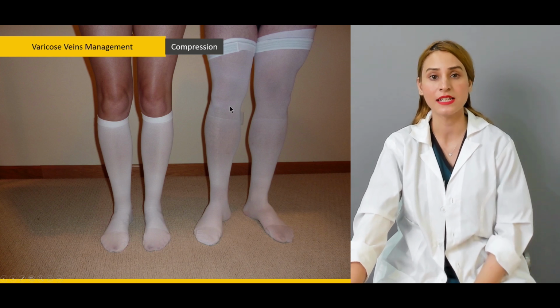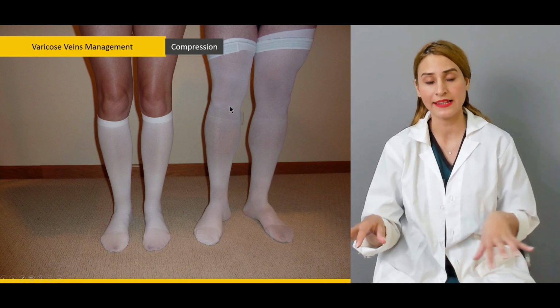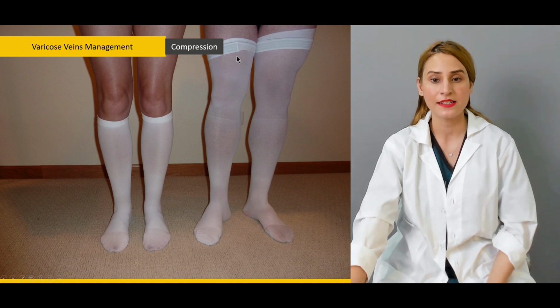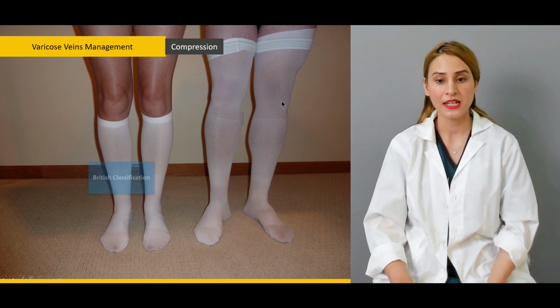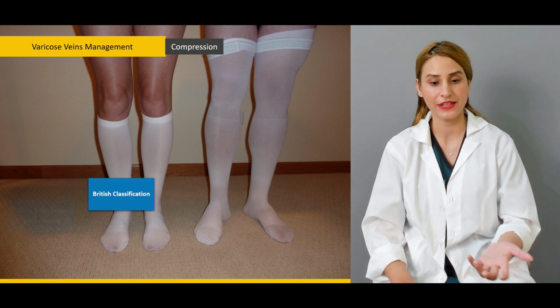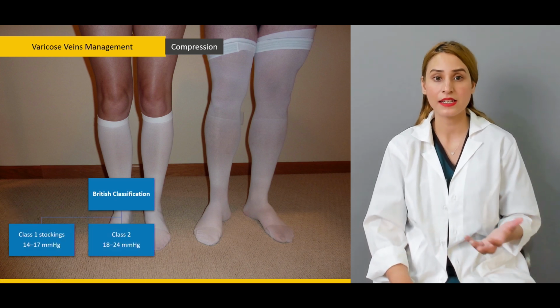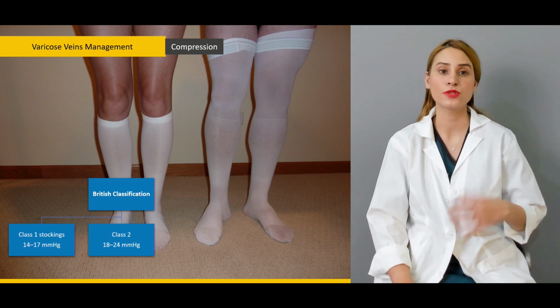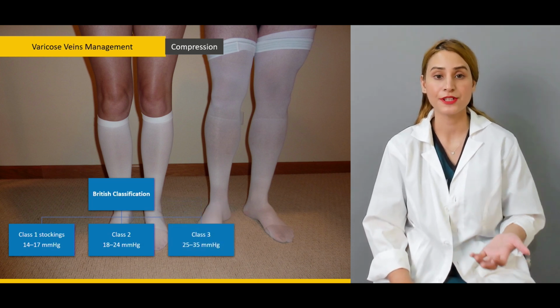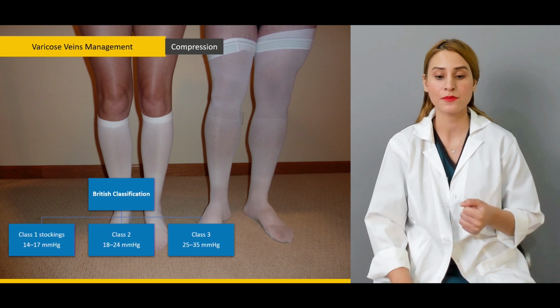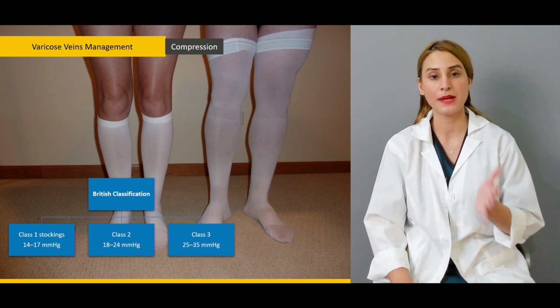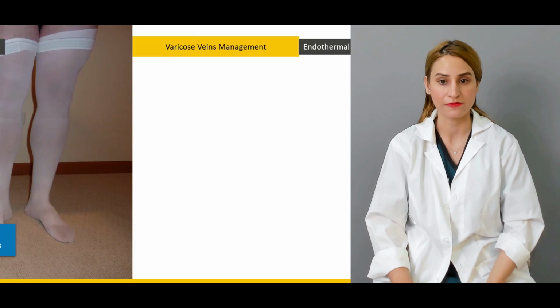And if it's involving both the saphenofemoral and the popliteal junction, then it should be up to the mid thigh, depending upon the British classification of stocking pressure. Class 1 involves a pressure of 14 to 17, class 2 a pressure of 18 to 24 millimeters of mercury, and class 3 a pressure of about 25 to 35 millimeters of mercury.